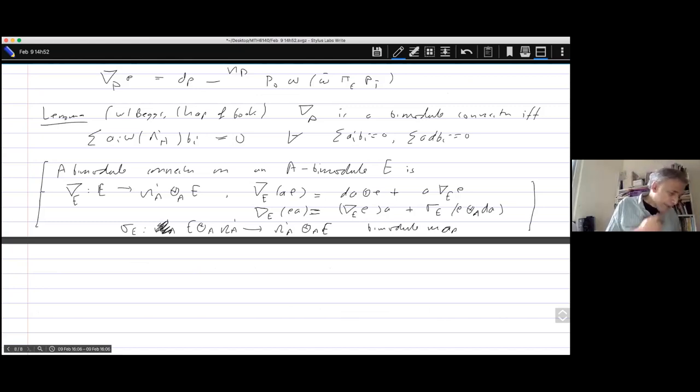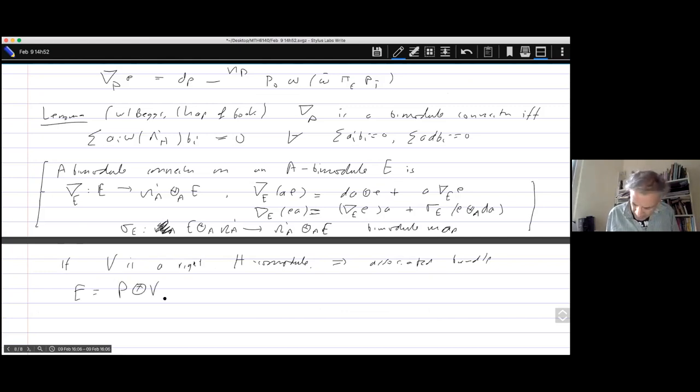And now associated bundles: if V is a right H comodule, we get an associated bundle E, which is just P tensor V, the covariant part under H. This is the associated bundle.